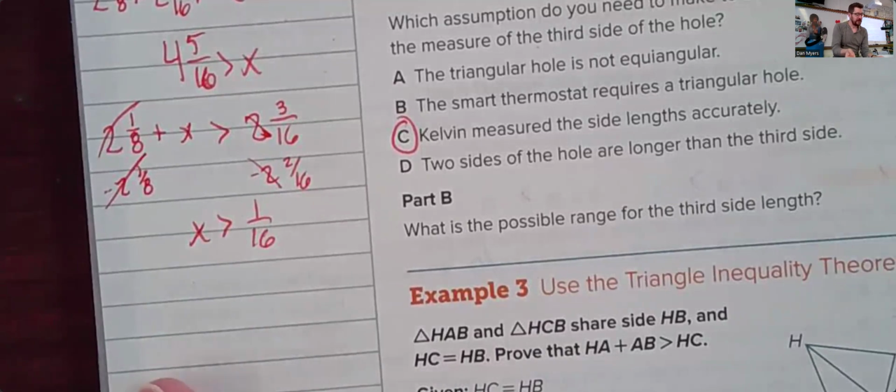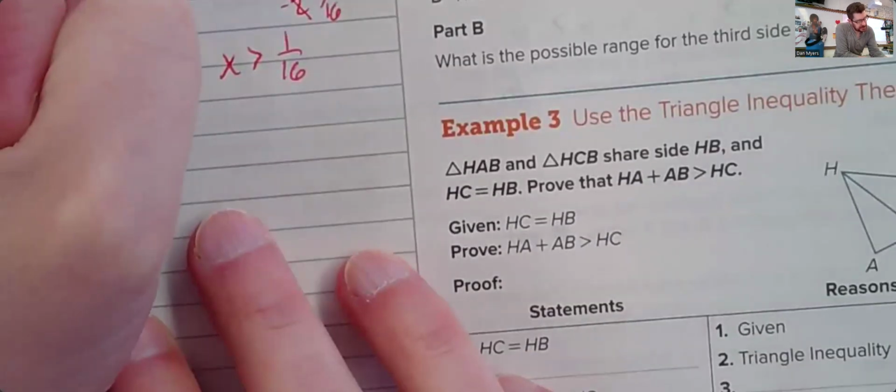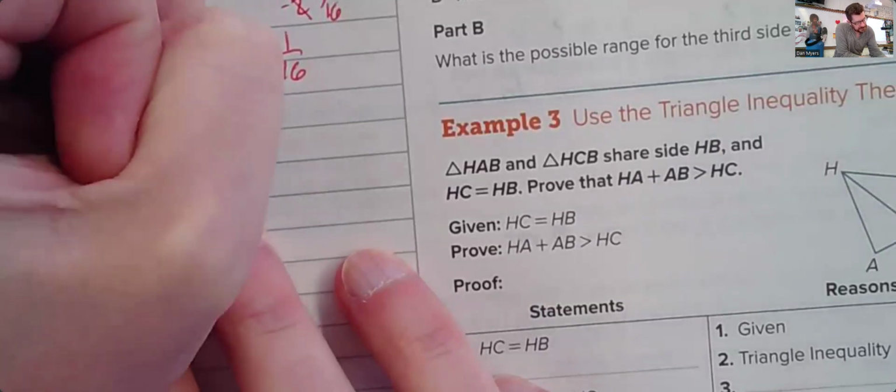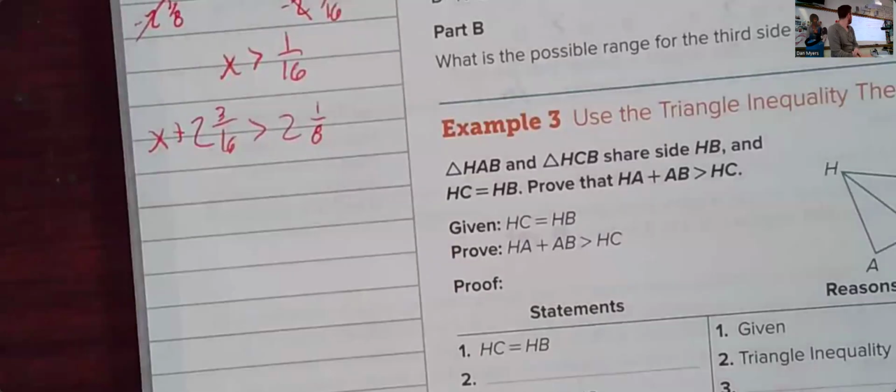Now the third thing we need to try is going to be x plus 2 3/16 is greater than 2 1/8. So x plus 2 3/16 is greater than 2 1/8. Do that subtraction and tell me what you get.